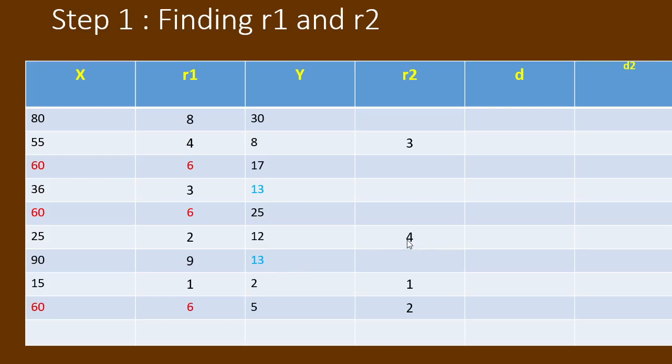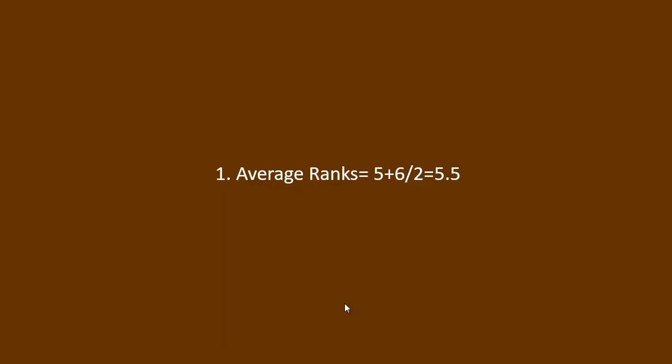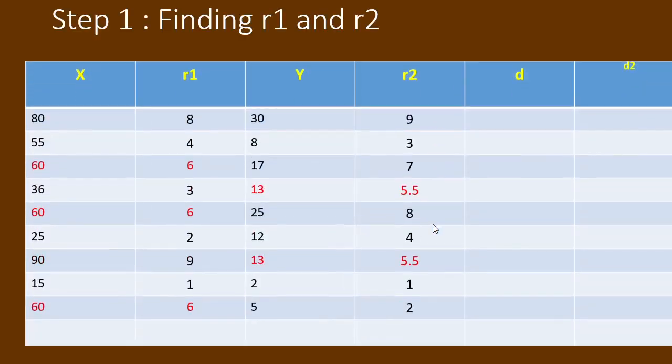We have already allotted rank 4. So the next two ranks are 5 and 6. So 5 and 6 by 2. We have considered two repeated data. So 5 plus 6 divided by 2, it's 5.5. So for both 13 and 13, I'll allot 5.5 and 5.5.